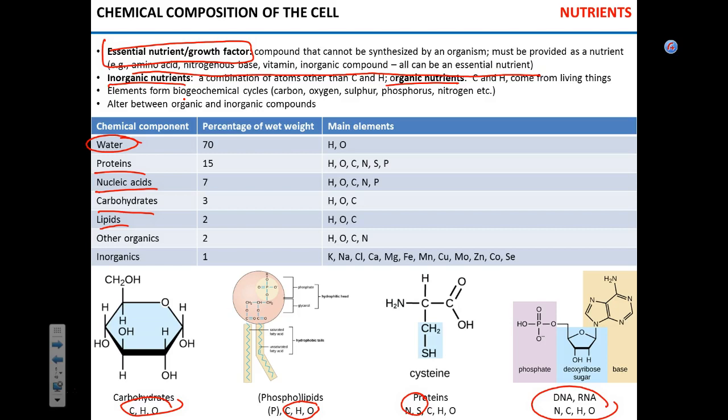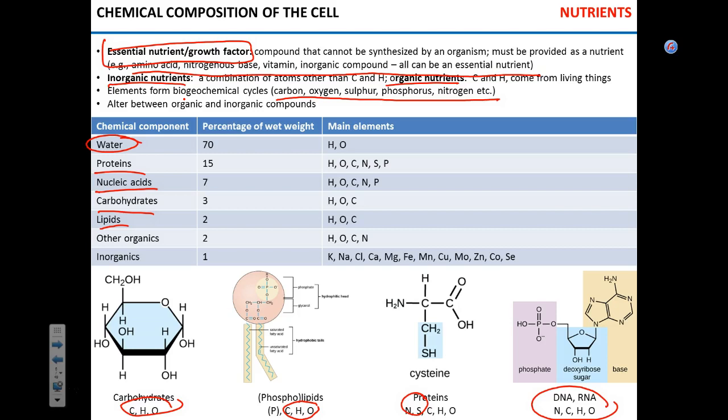And one thing that I really want to highlight before we wrap it up is that there is a lot of recycling of chemicals between microorganisms and the environment, meaning that the main chemical elements, nitrogen, sulfur, carbon, cycle through.